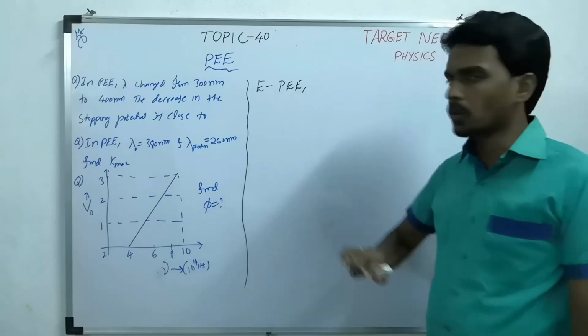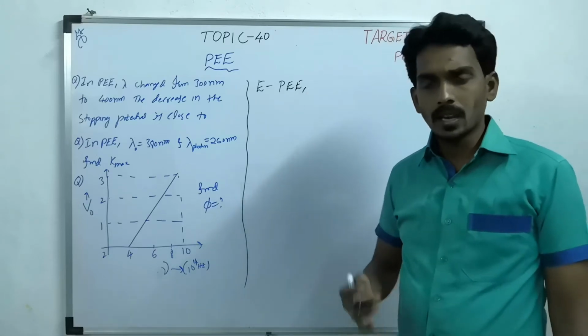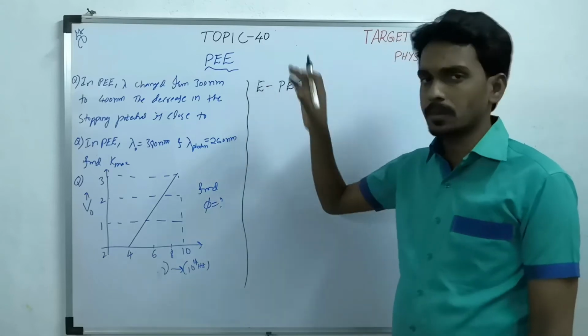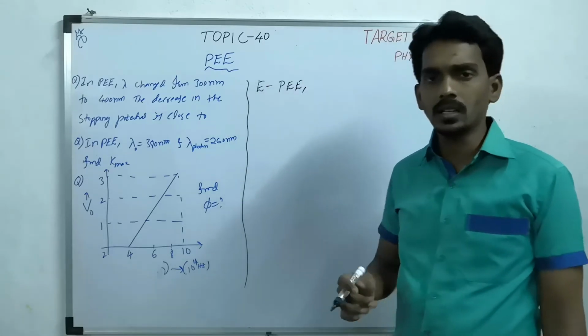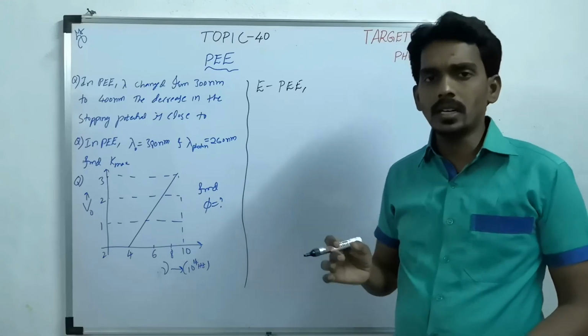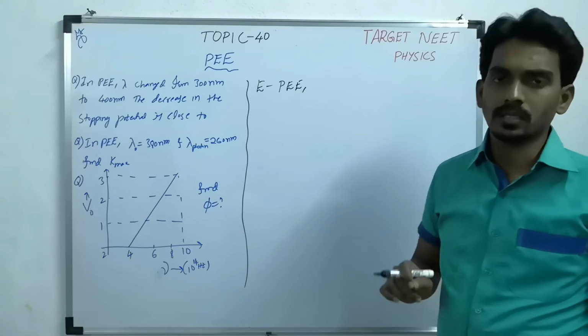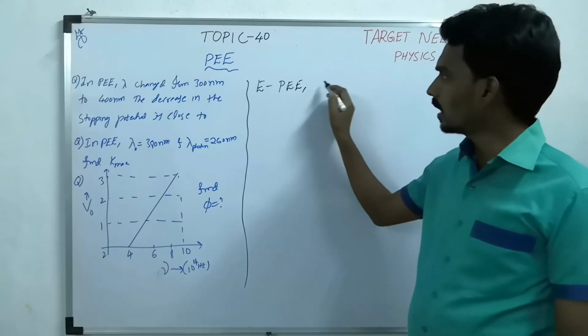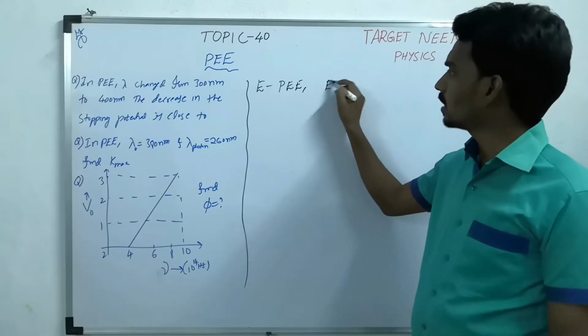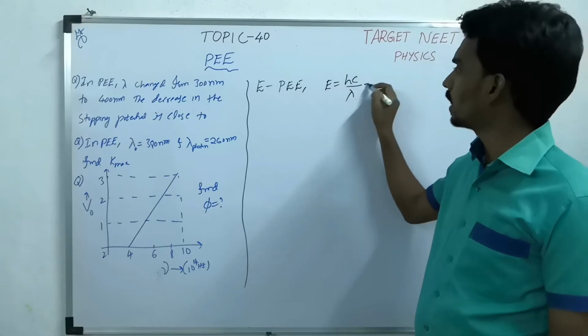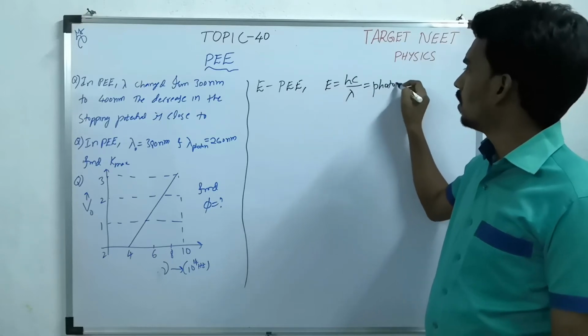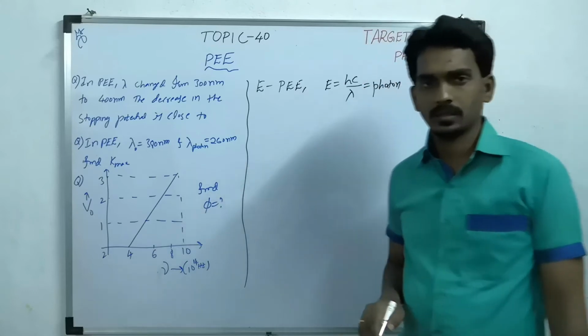What is Einstein's photoelectric equation? Einstein gave the explanation about the photoelectric emission that light can be considered as the sum of many small discrete packets of energy. Each packet of energy is equal to hc by lambda, which is called photon energy.